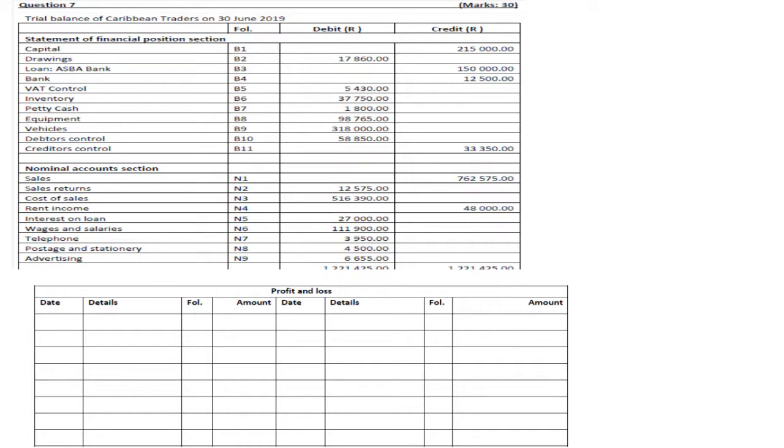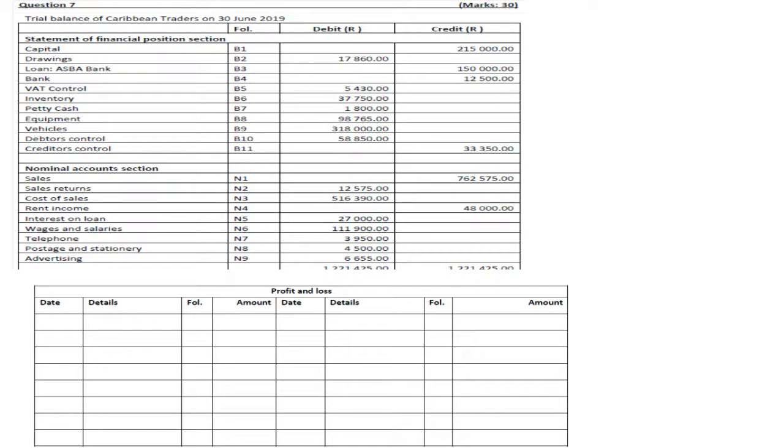Do you understand, Relation? The next step was that I must transfer sales to the trading account. Are we together, Relation? Sorry, Relation, I wish I had time to go back and show you those other things, but let me focus on this one for now.